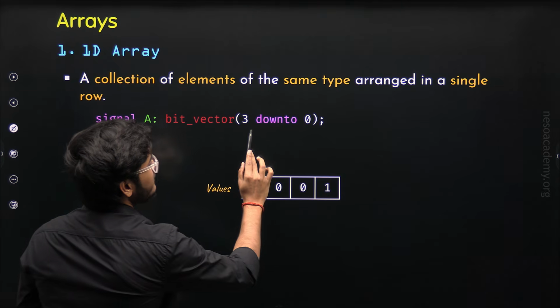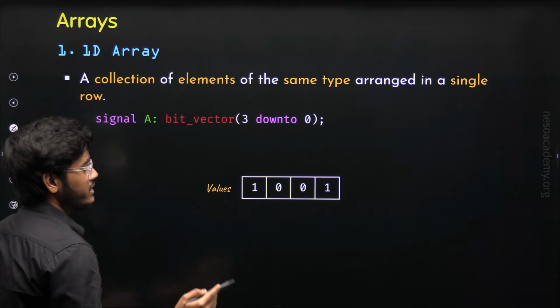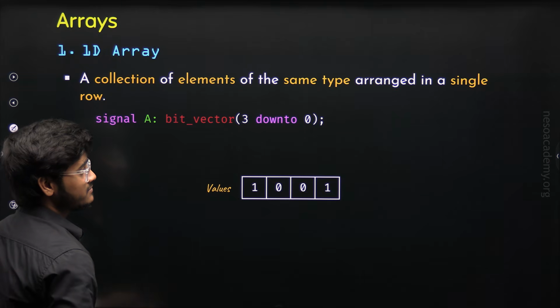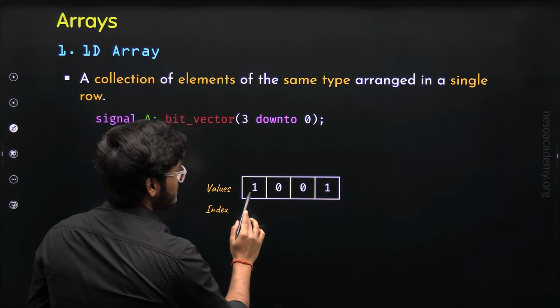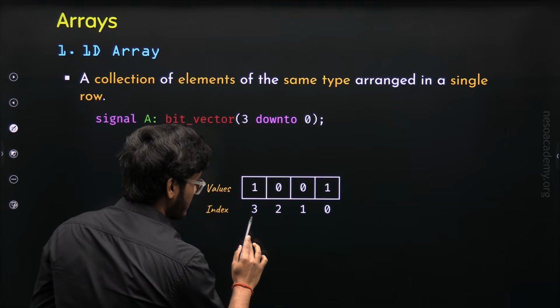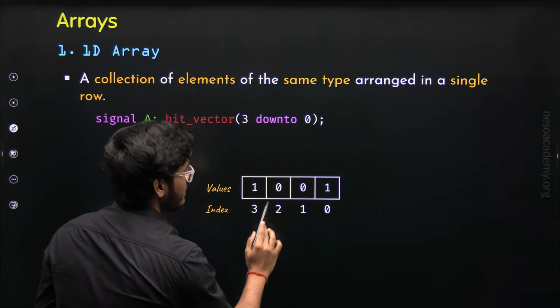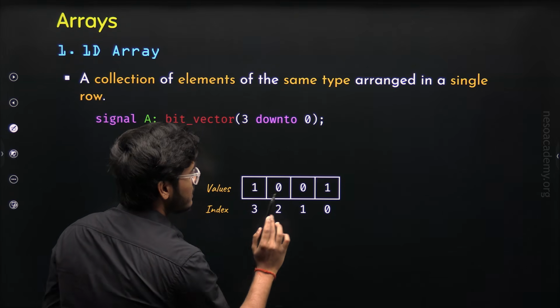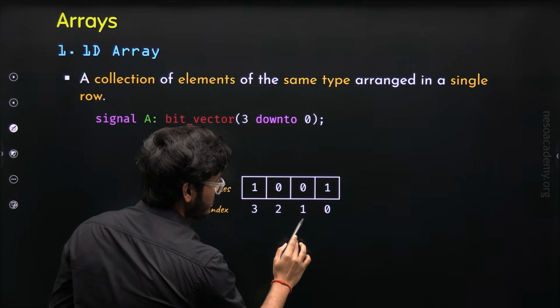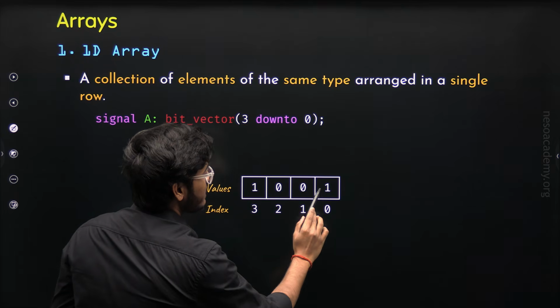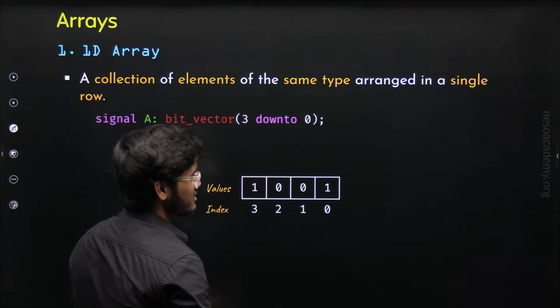Now this keyword down to represent the descending order. Means this bit 1 is at third position, this 0 is at second position, this 0 is at first position, and this 1 is at 0th position.